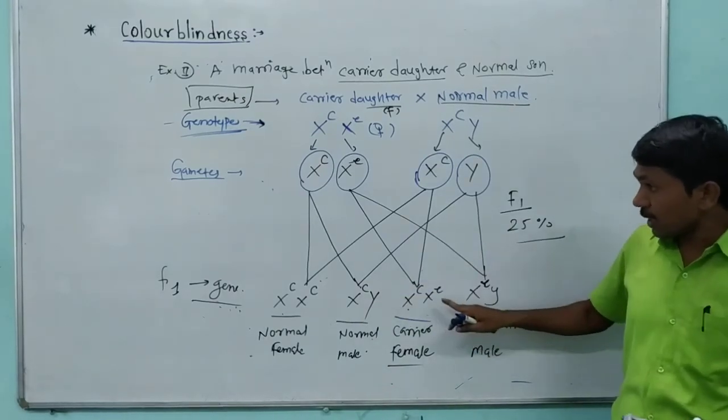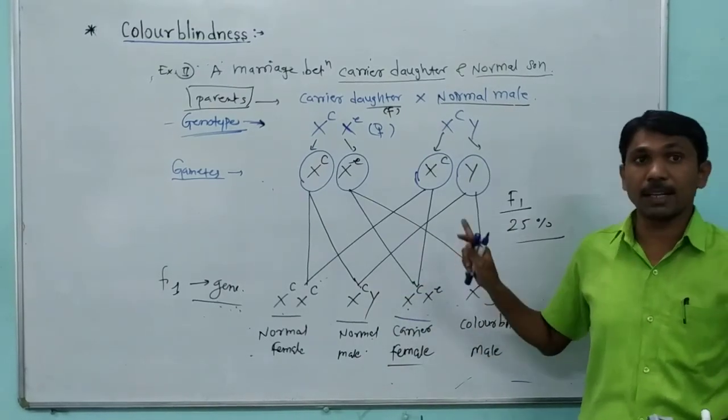So like that the F1 offspring will be obtained when crossing of that type. Okay.